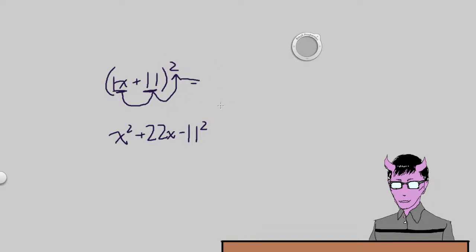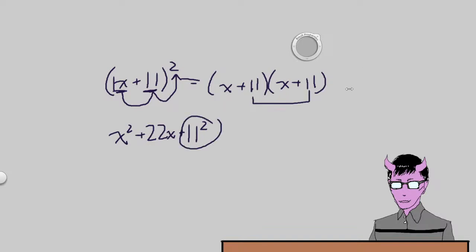Well, we kind of already went over that, but let me show you in more detail. So expanding this out, we have x plus 11 times x plus 11. It's pretty clear where these two come from. This one comes from the product of those two. This one squared just comes from the product of itself. So where does this middle term come from?